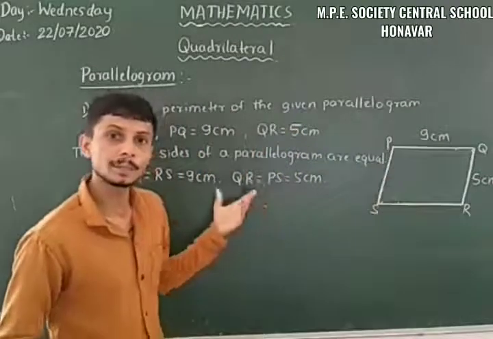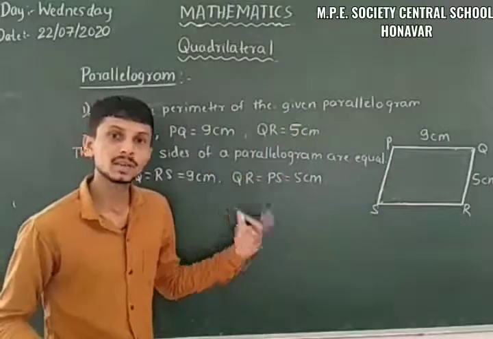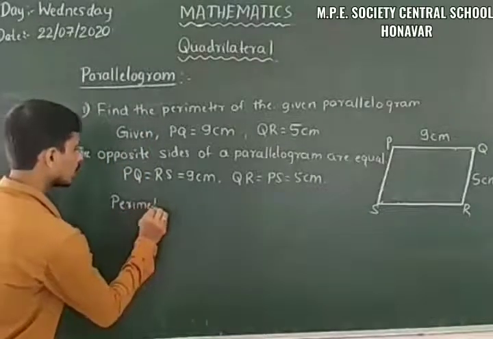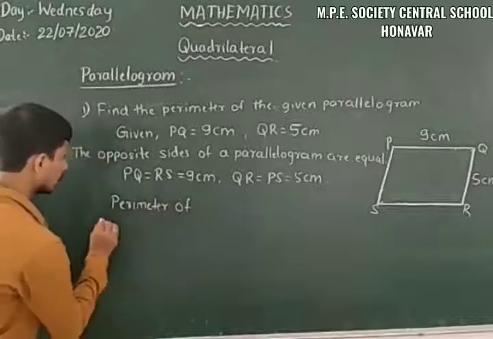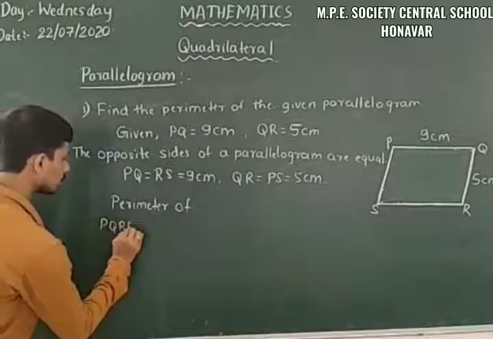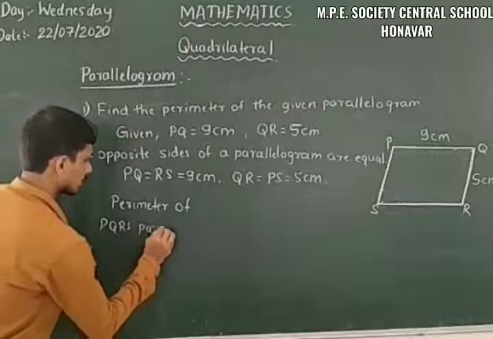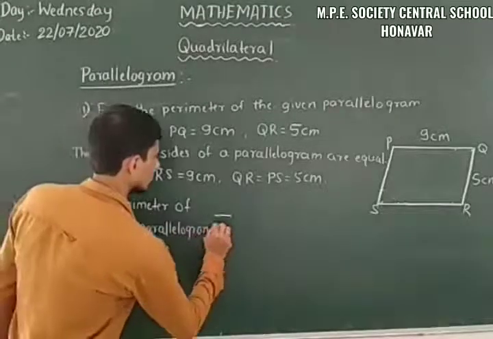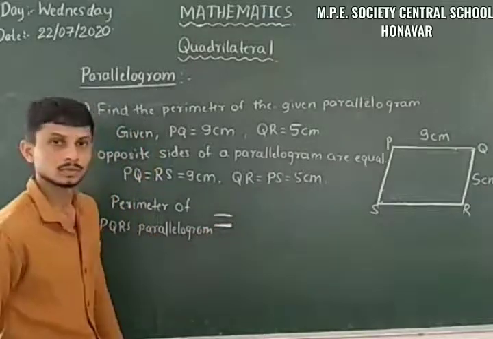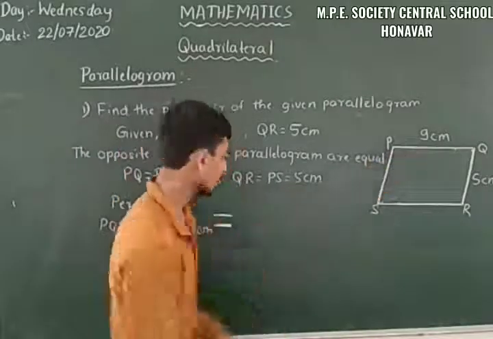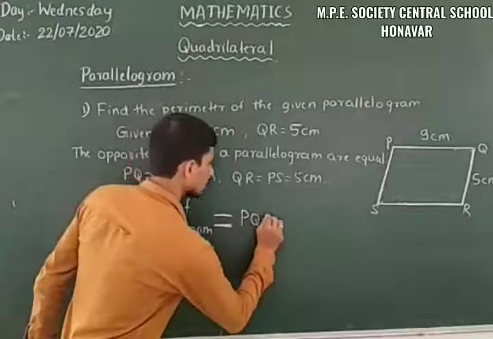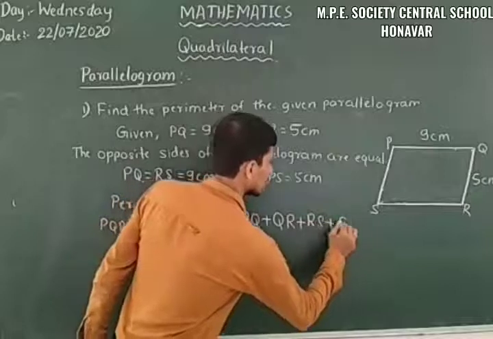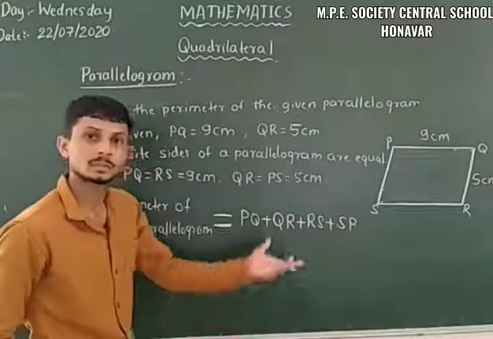So after that we take the perimeter. That means the perimeter of the parallelogram PQRS is equal to PQ plus QR plus RS plus SP, or we can write PS also.